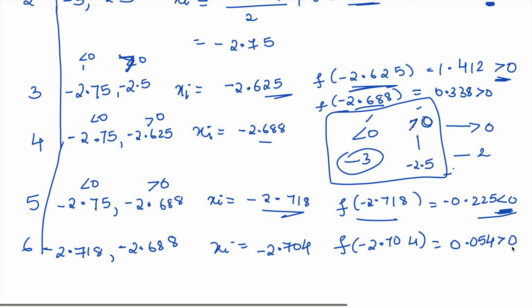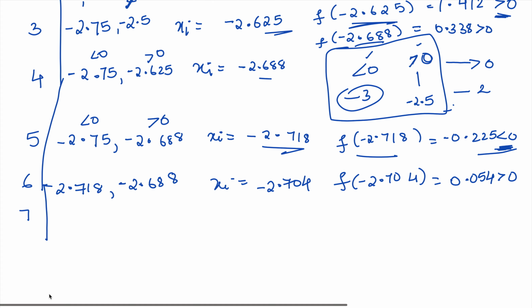So if this is greater than 0, we will be taking something from the previous interval which was less than 0, right? So -2.718, -2.704. We are seeing how much we have shrunk our interval. Previously it was between -2 and -3.